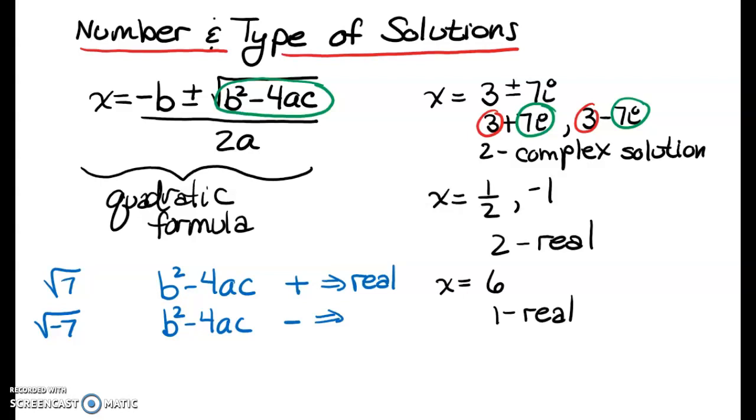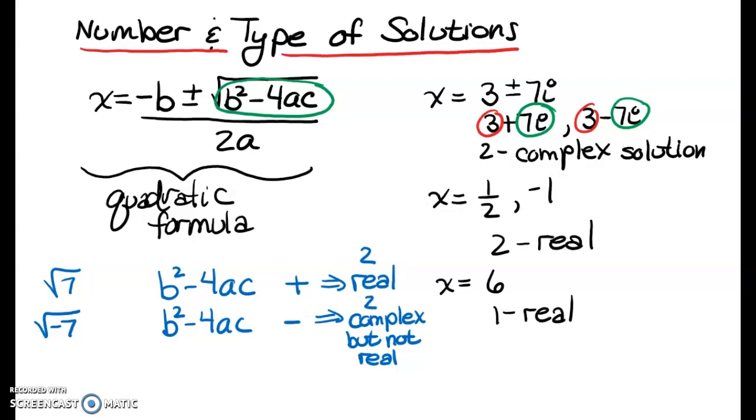So that gives me my imaginary part, so my solution is complex, but not real. So if b squared minus 4ac is positive, I get two real solutions. If b squared minus 4ac is negative, I get two complex solutions.